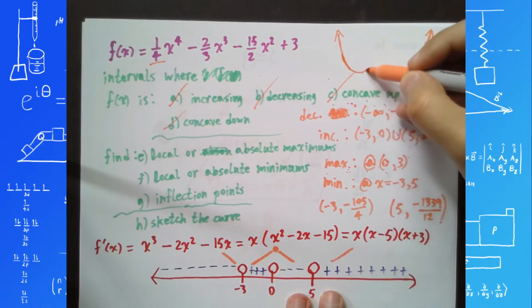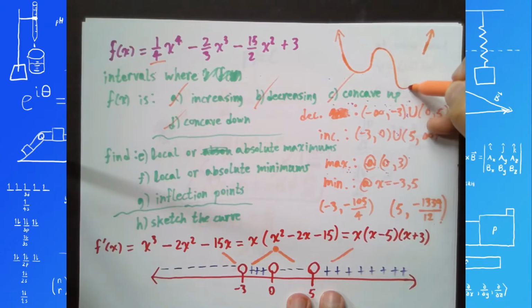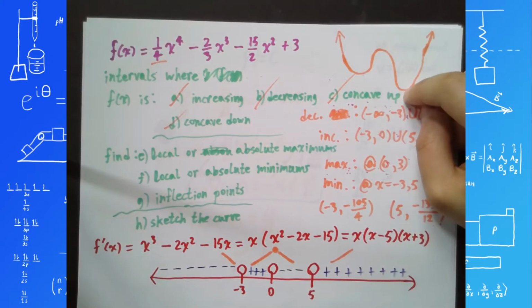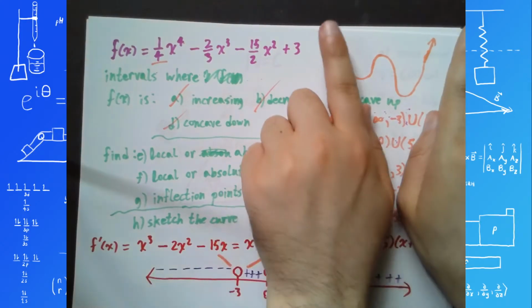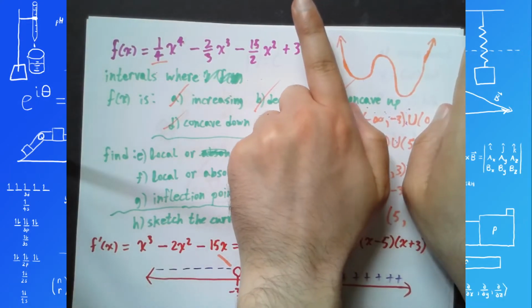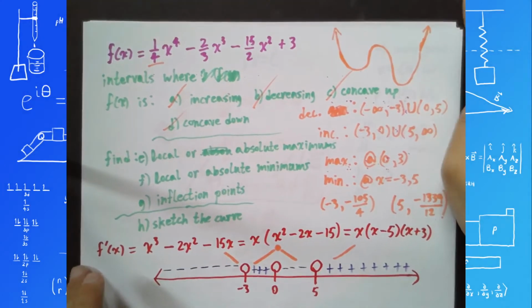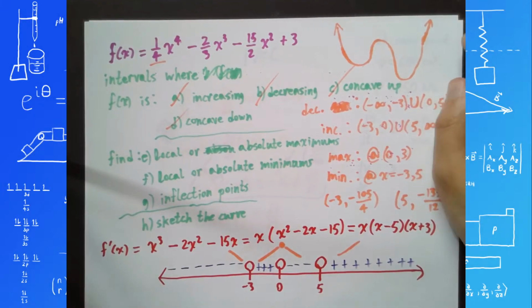You might get something that looks like this, for example. So we definitely have an absolute minimum, but we don't have an absolute maximum because the maximum, I guess, is infinity. You can go up forever in either direction, so there's no clear winner there.